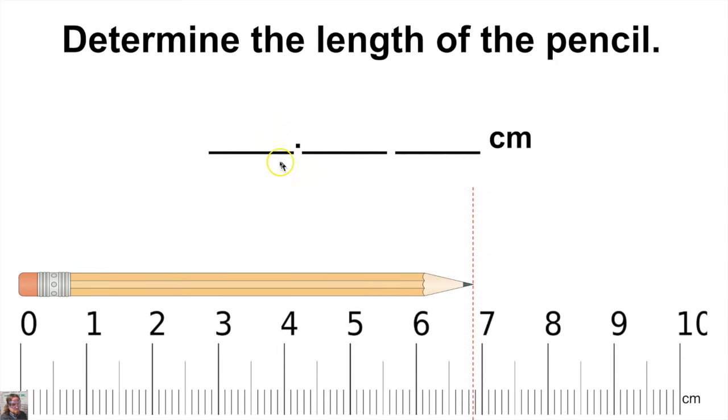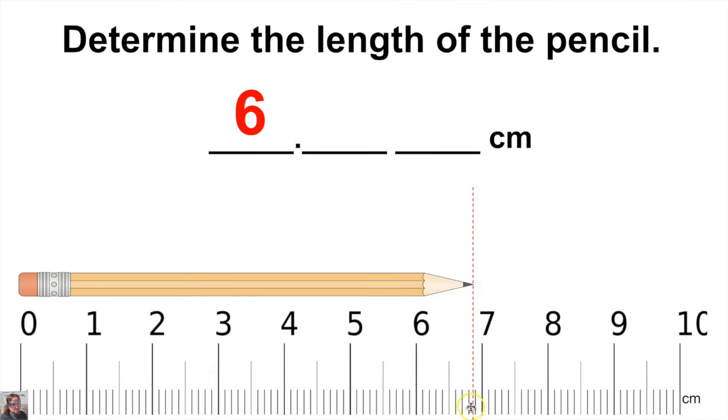In this example, we have to determine the length of the pencil. We can see that this pencil with 100% certainty is at least 6 centimeters in length. It's not quite 7. And if we take a closer look, we can see it's 6.1, 2, 3, 4, 5, 6, 7, 8.